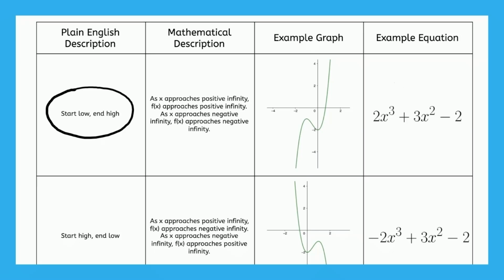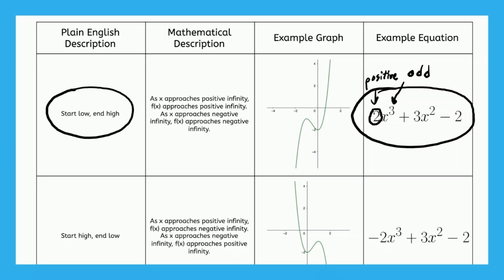Now here's the key. If the degree of our polynomial is odd, so 1, 3, 5, 7, 9, 11, 13, and the leading coefficient on that first term, when the polynomial is in standard form, is positive, then this exponent is odd and this coefficient is positive, and therefore we know that this graph will start low and end high, or more specifically, it will do exactly what our mathematical description describes.